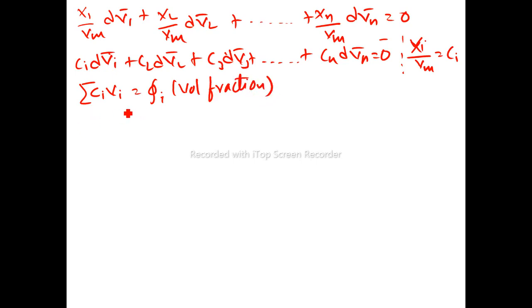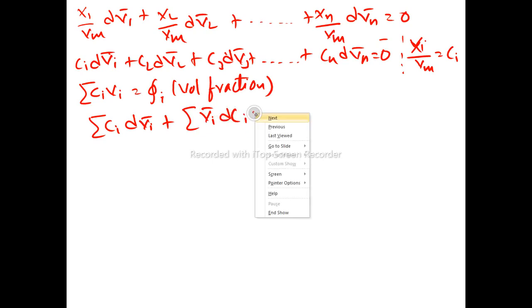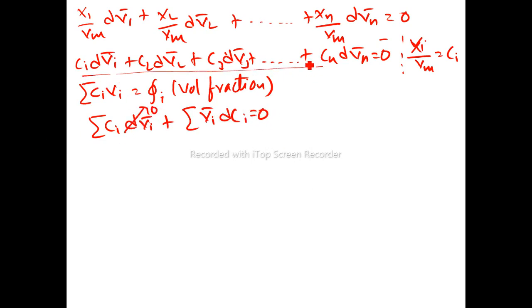Okay. So differentiating these two, summation of Ci dvi plus summation of Vi bar dCi is equal to 0, and this is equal to 0, but by this equation, summation of Ci dvi equal to 0.